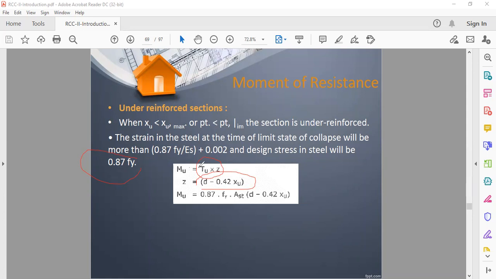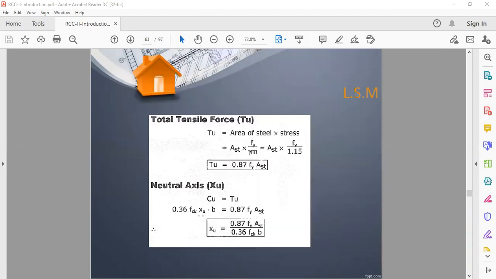Tu equals 0.87 Fy into ASP. We have already covered how we got these, Tu as well as Z, so you can go back to the previous recordings and you will understand it better.